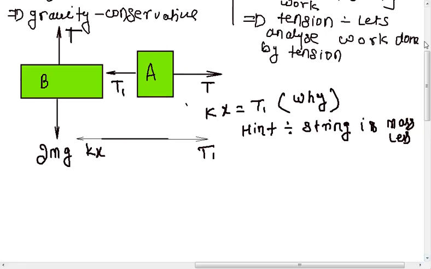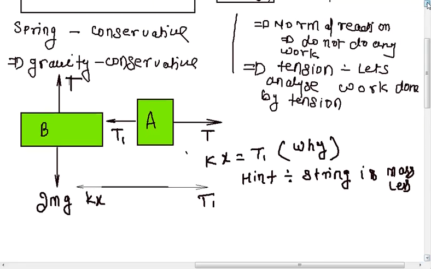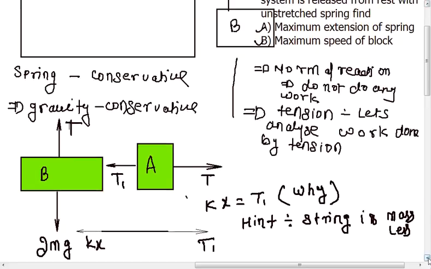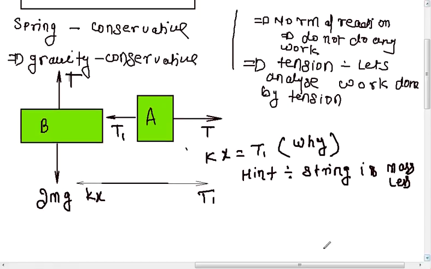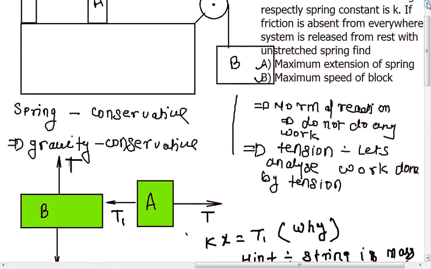So let's suppose this block B comes down by amount x.